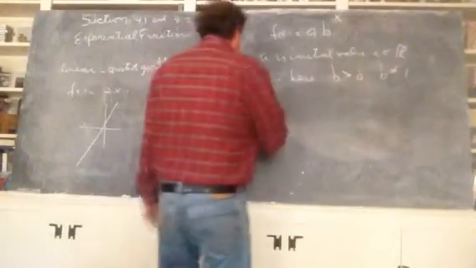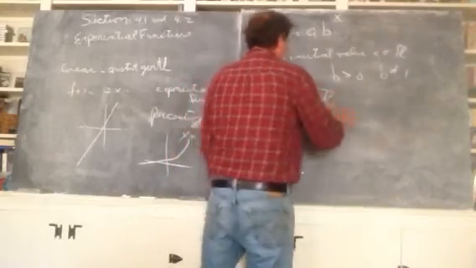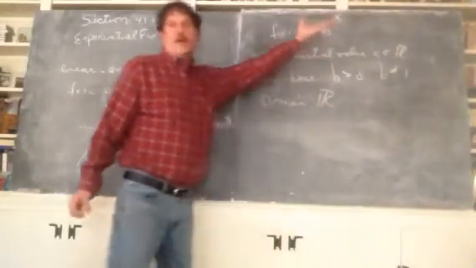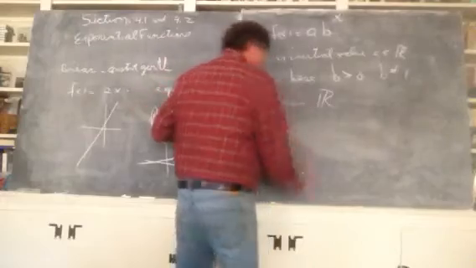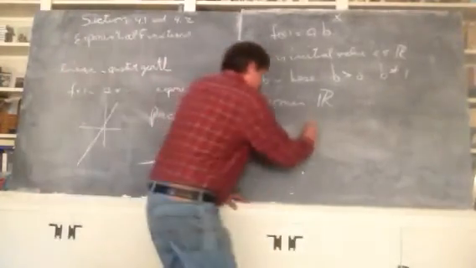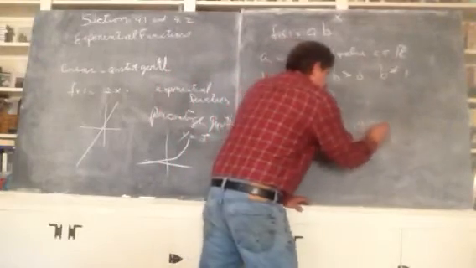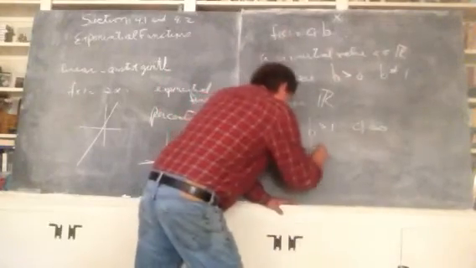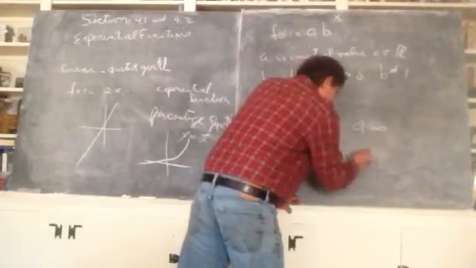The domain is all the reals. You can put anything at all in there for x. The range, on the other hand, if b is bigger than 1, goes from 0 to infinity. If b is less than 1, then it goes from negative infinity to 0.